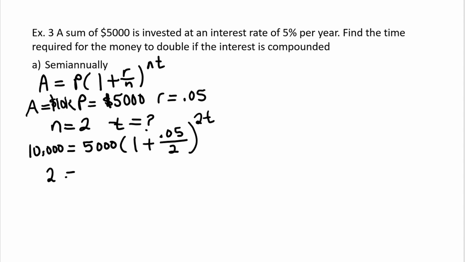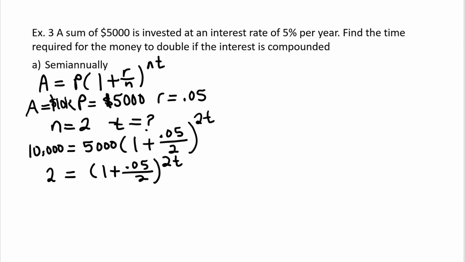Then we get 2 equals 1 plus 0.05 over 2 to the power of 2t. Notice we really didn't need to have any amount of money at all. A would be 2, P would be 1 if we're looking to double the investment.